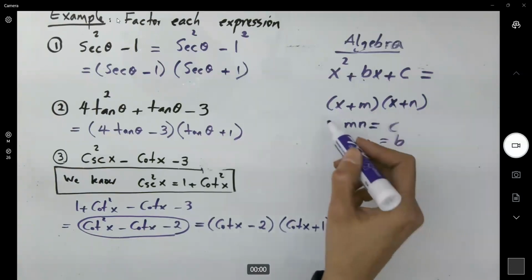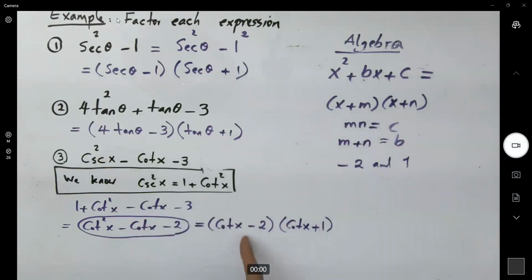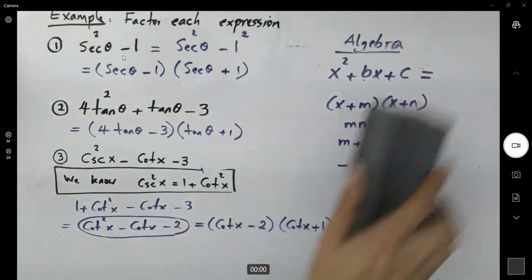So just substitute them here. Here you have cotangent of x -2, cotangent of x +1. There we go. Next example for you. Erase these.